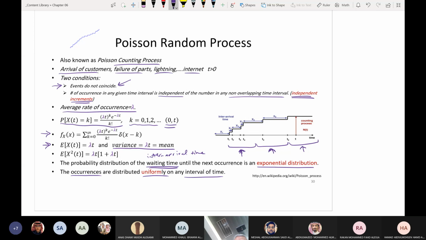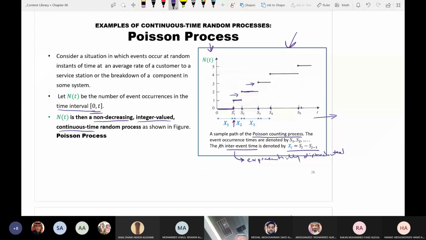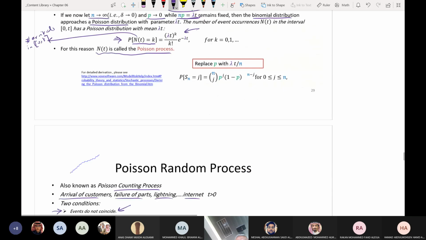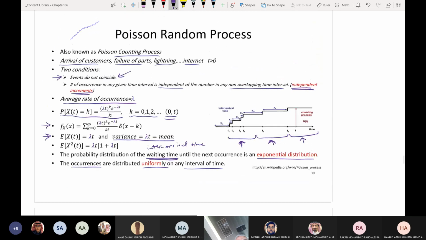So within a certain time interval, let's go to the second picture, magnified more. Within a certain time interval, the occurrence can happen at any time uniformly. Okay guys, this is basically the Poisson random process.